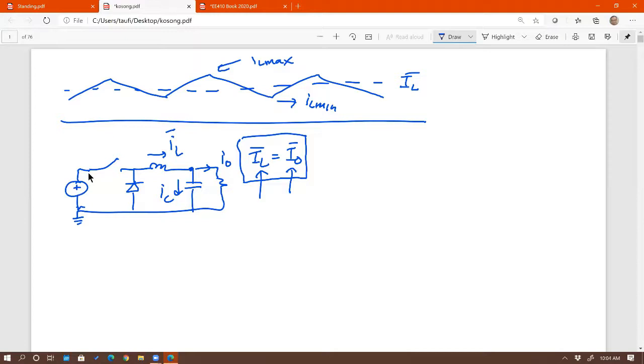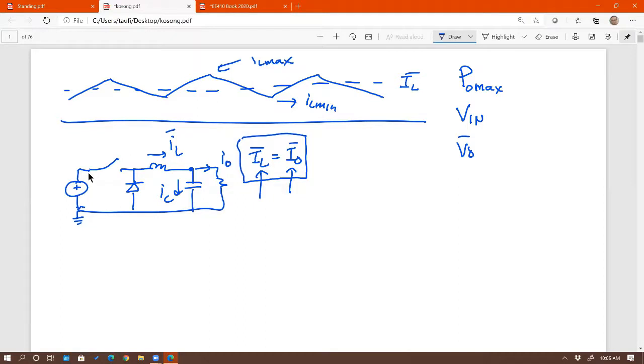You need to know some design specifications. What are those? Output power, very good, and specifically the max output power. What else? Input and output voltages, V in and V out.